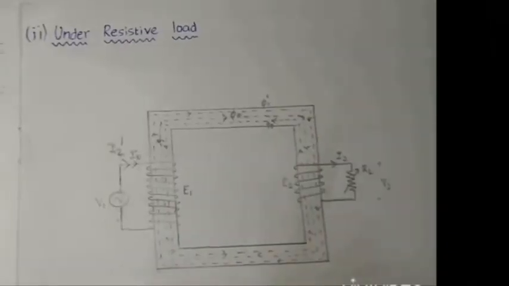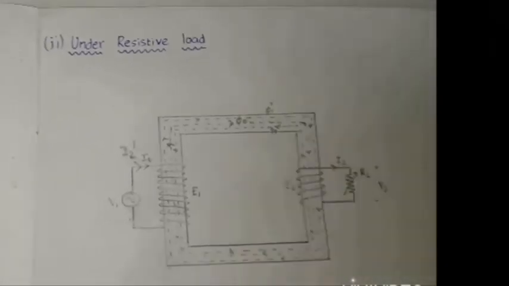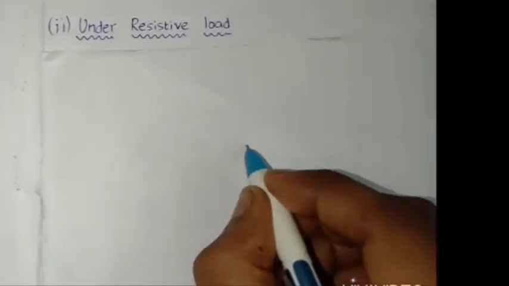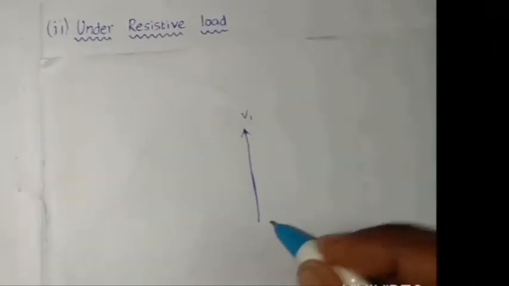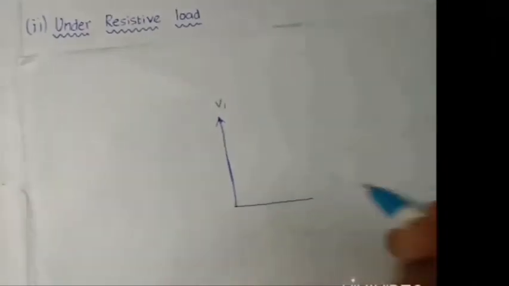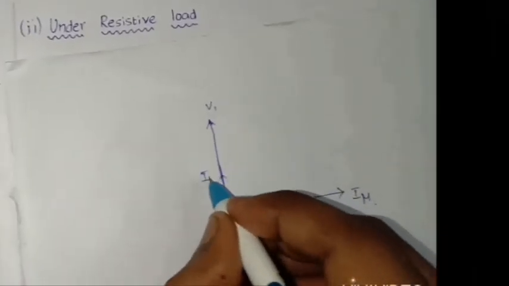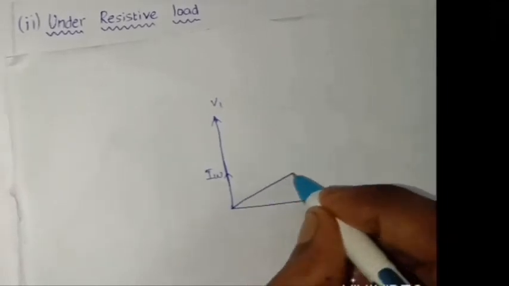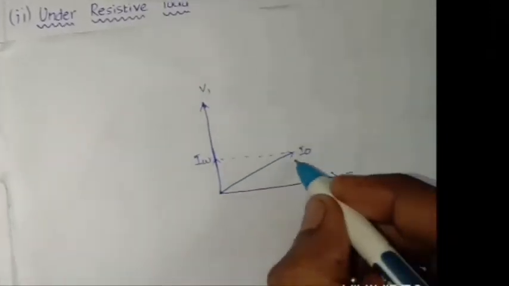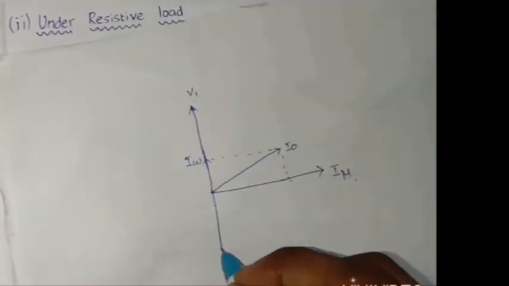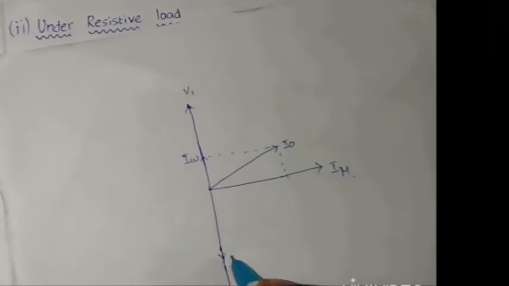Now we will move on to the phasor diagram for this resistive load. We know that this is V1, this is I mu, this is IW, and this is I naught. EMFs E1 and E2.